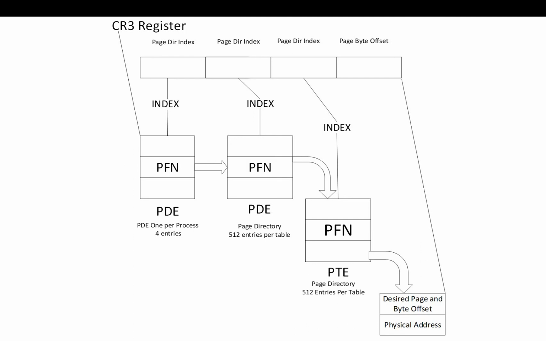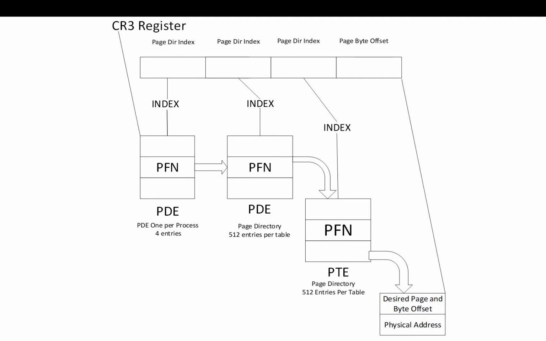More can be found in the Intel manual. As you can see, there is a CR3 register in the system that points to the base of all the translations, and then the logical address is sent through the hardware.